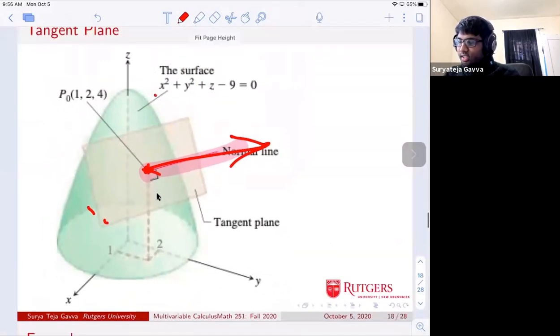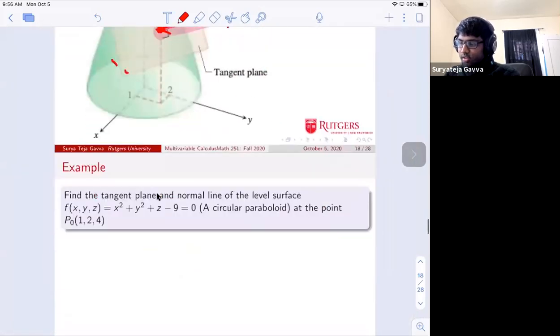So if this is the surface and I want to compute the tangent plane, it is essentially given by this normal vector. So we know the normal vector, or the vector perpendicular to the tangent plane. Okay, so let's see this.